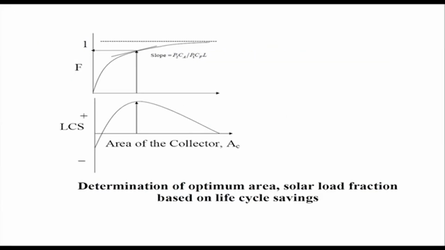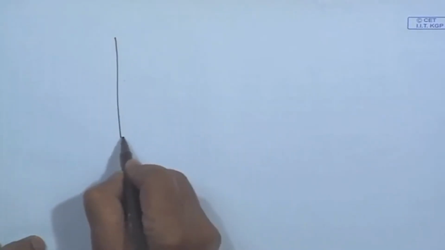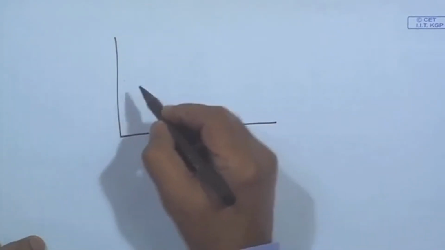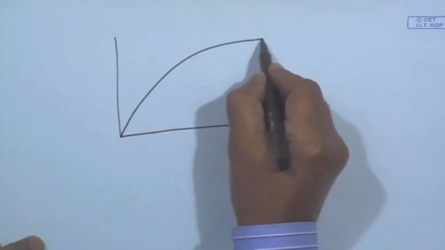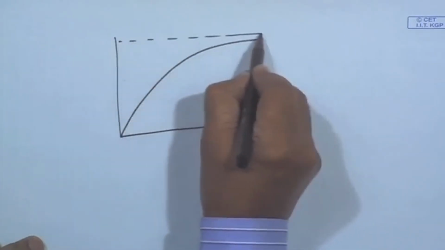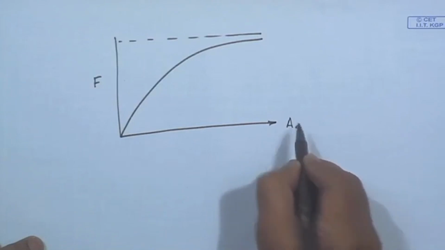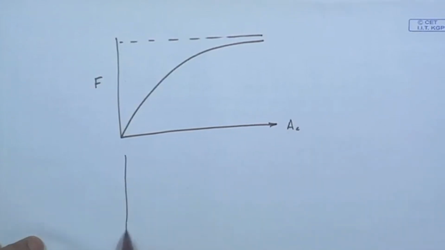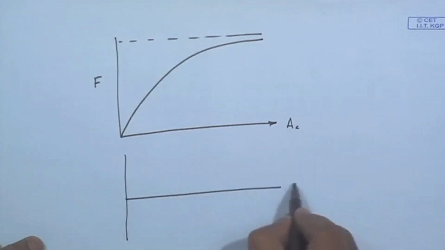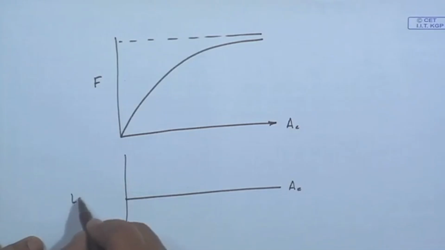So, that is what is represented over here. If you have got the F versus area curve, which we have drawn a number of times, versus the same area versus the life cycle savings, positive, negative.